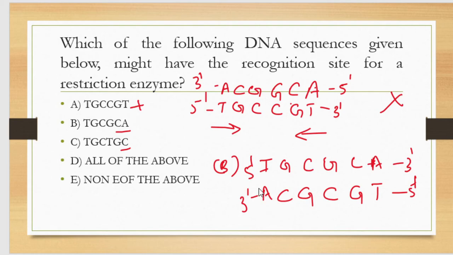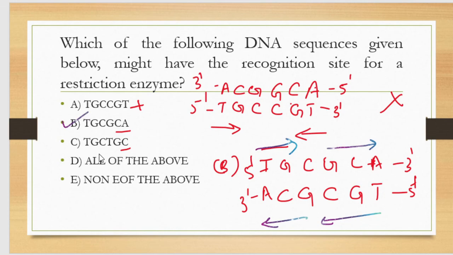Now you read TGC from here, and from this direction also it is TGC. Then you have GCA, and GCA again. Now this is the correct palindromic sequence which I was talking about. So yes, option B is your correct answer.